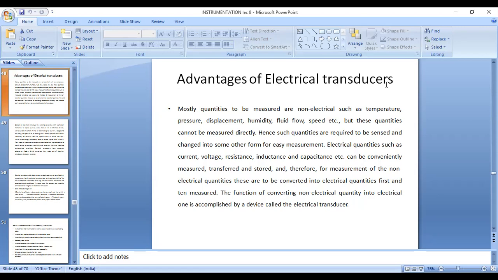Means if I want to measure this physical parameter, I will measure it in terms of current. The current I get at the output of the sensor is a measure of the input physical parameter. This current signal I can transmit to long distances.